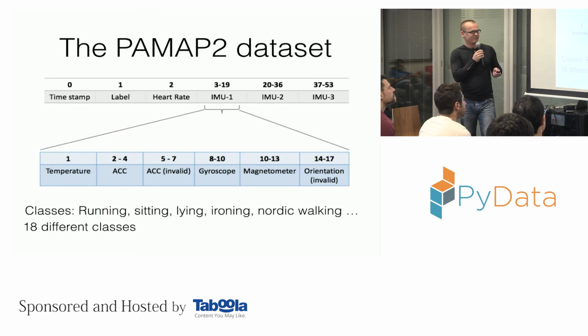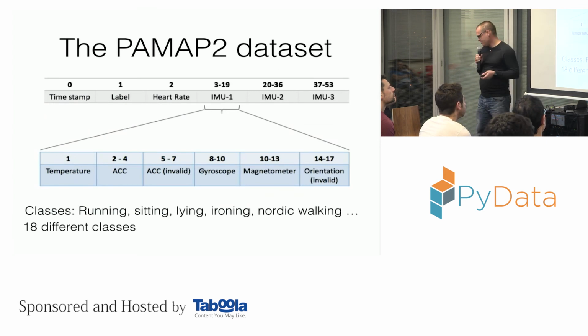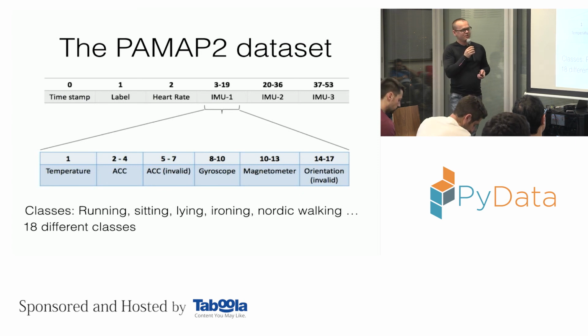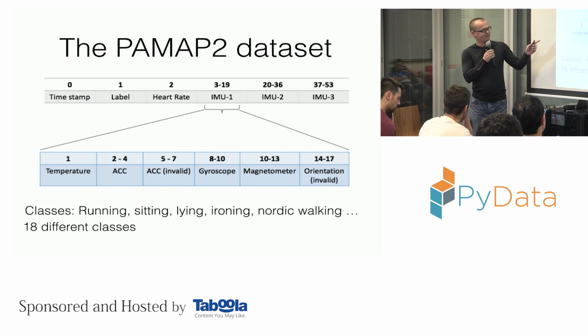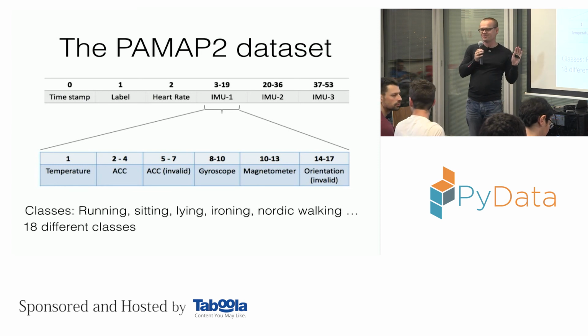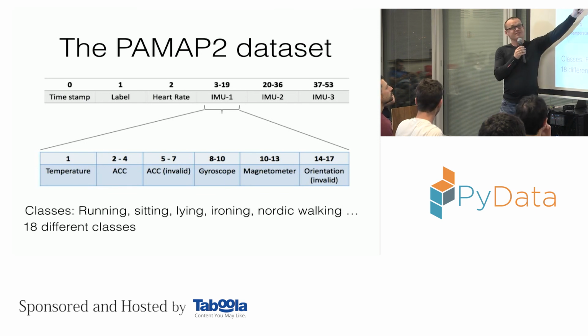Well, first, just to get a feeling of how this data looks, when you open the CSV file of the dataset, first you have the timestamp, which we need to get rid of. Actually, some people say we don't, but I think we do. Then we have the class, the label.